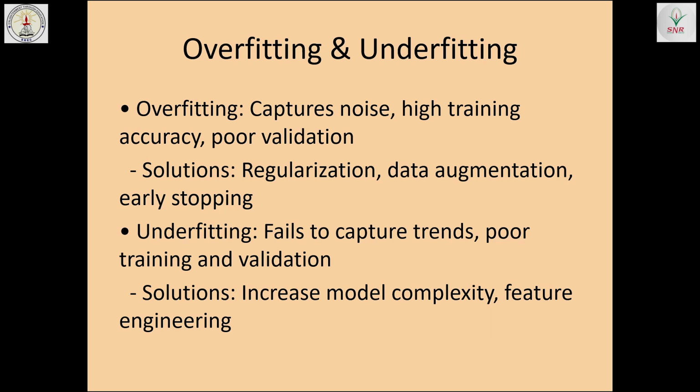There are different solutions for underfitting. The first one is to increase the complexity of the model, so we use more architectures and more layers per architecture. Then we go for feature engineering. What does feature engineering mean? Improving the input features through transformations or adding additional relevant features.